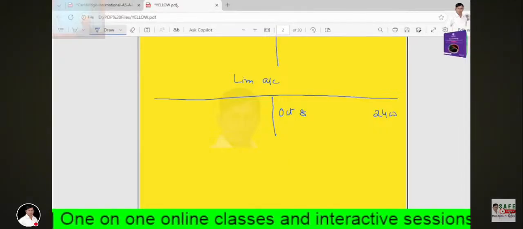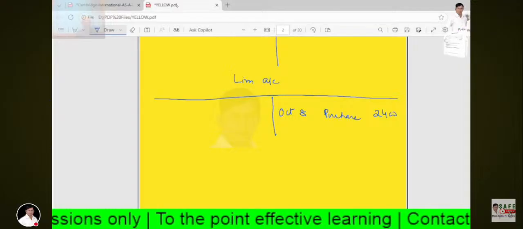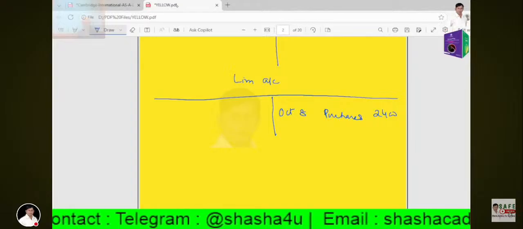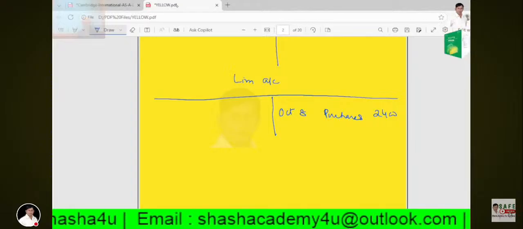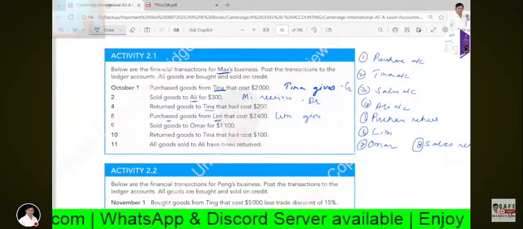So why are we crediting Lim? Because we purchased from him. Understood? This is how you have to understand the concepts. Very clear. Now it should be crystal clear. Now let us move forward.